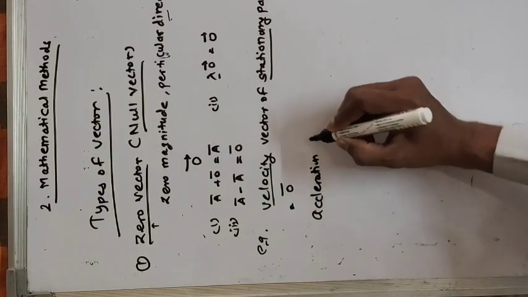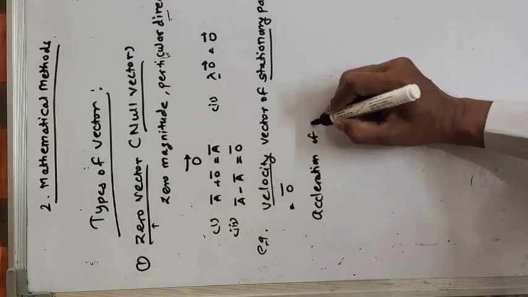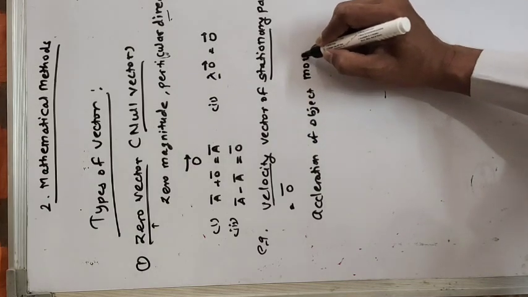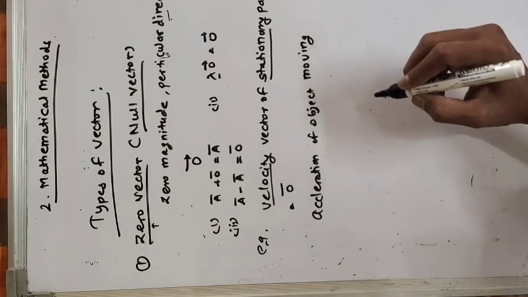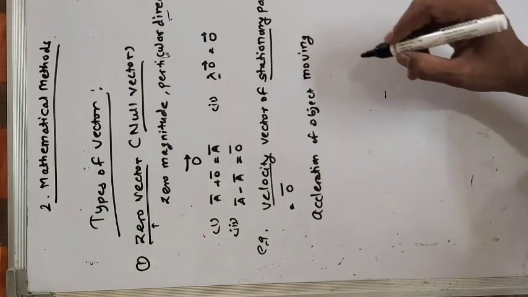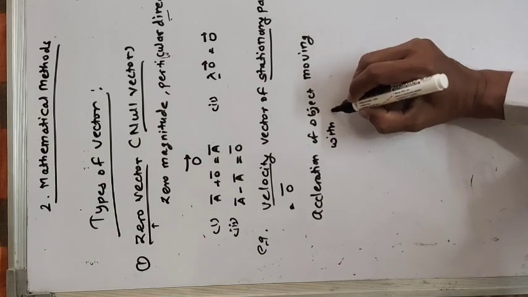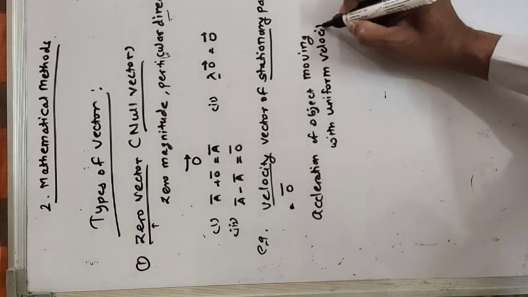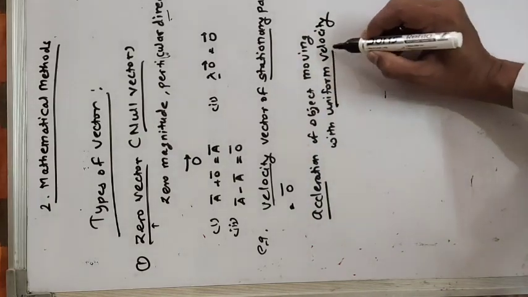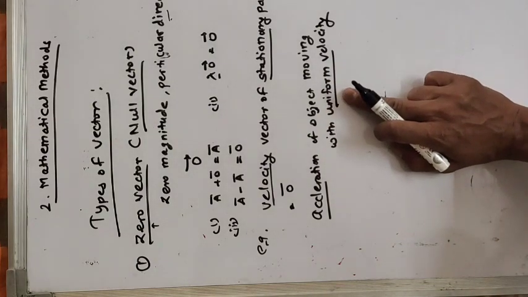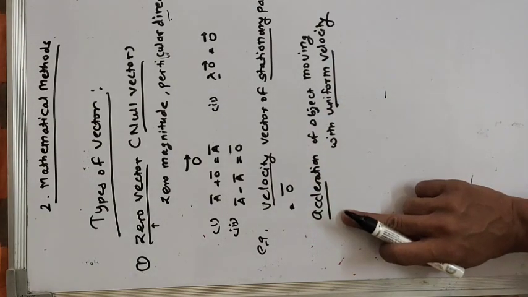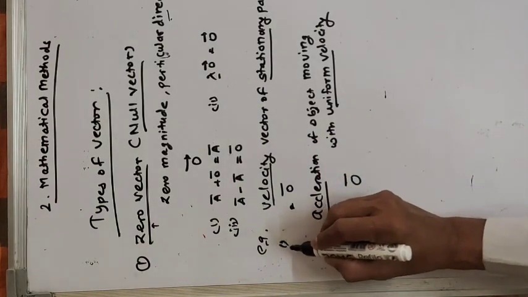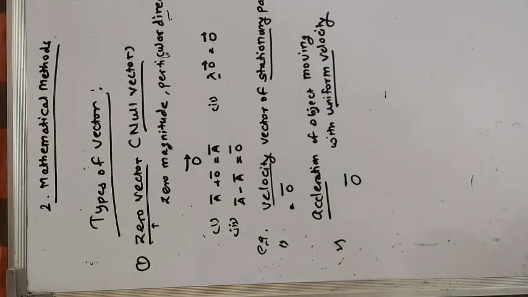With uniform velocity there is no change in velocity, and acceleration is the rate of change of velocity with respect to time. So this gives you the zero vector. These are the examples of the zero vector.